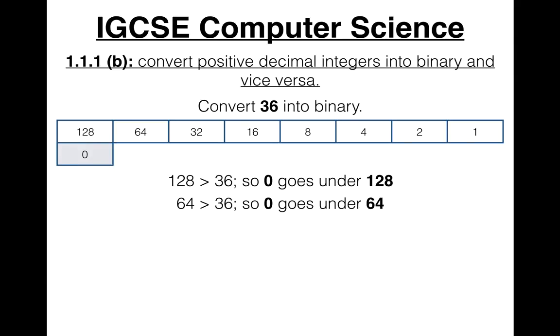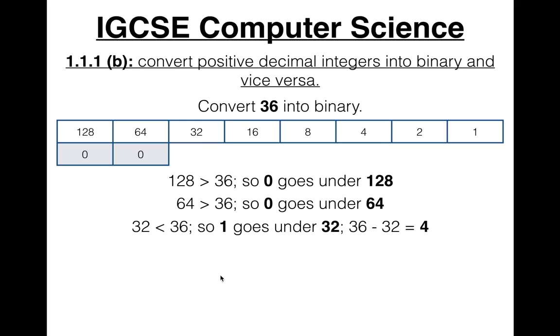Same with 64. 64 is higher than 36, so 0 would go under 64. 32 is less than 36, so 1 would go under 32. And 36 minus 32 gives us 4, so now our number is 4. Technically, 36 has been used up by the 32, and then we have a remainder of 4.